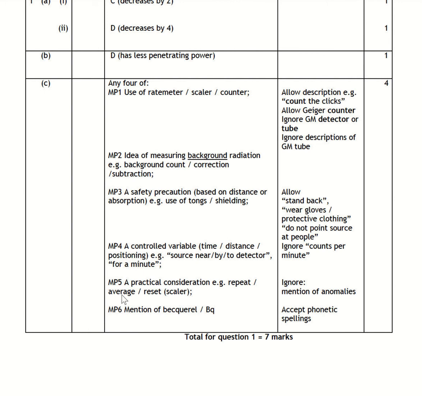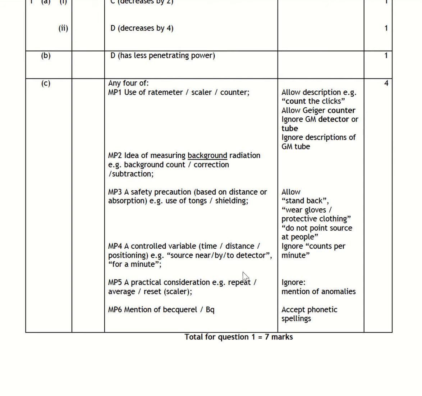Practical consideration: repeat it and get an average, and put the source close to the detector for a minute to get the whole amount. So let it stay by the detector for a while, which is better than just moving it for 1 second and then removing it.